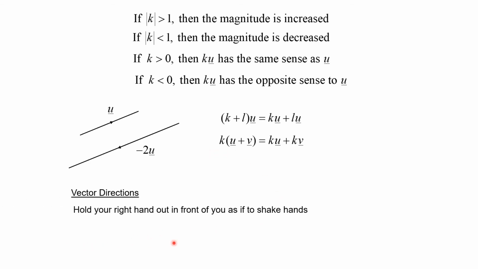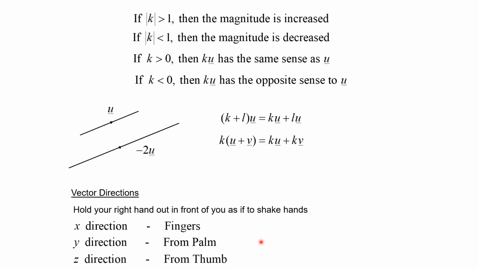So for vector direction, hold your right hand out in front, as if you want to shake your hand, so X direction will be your fingers, Y direction will be from palm, and Z direction is for thumb. But bear in mind, sometimes when we draw diagrams, I have explained this in semester 1, I remember clearly, these X, Y, and Z directions can be rotated.